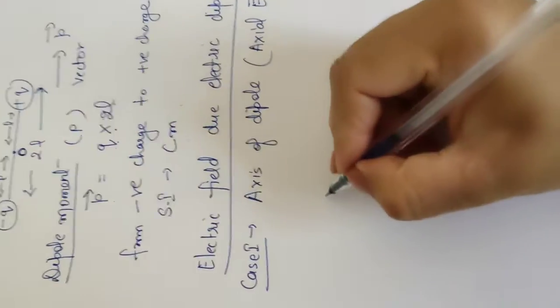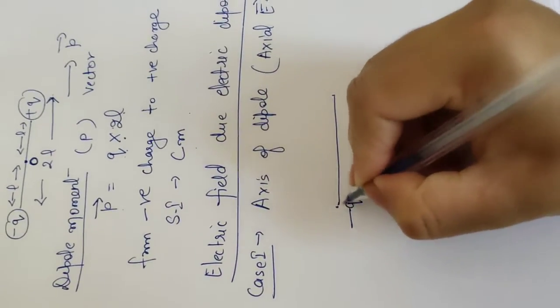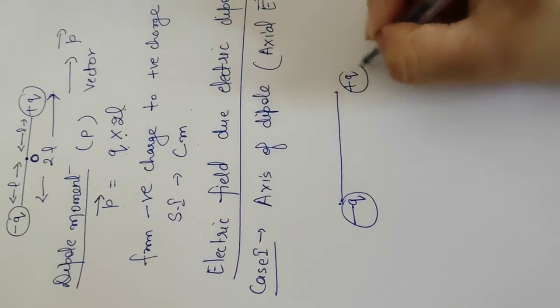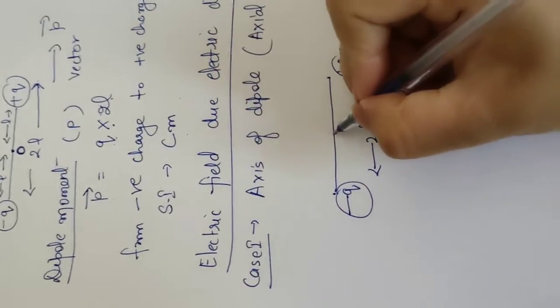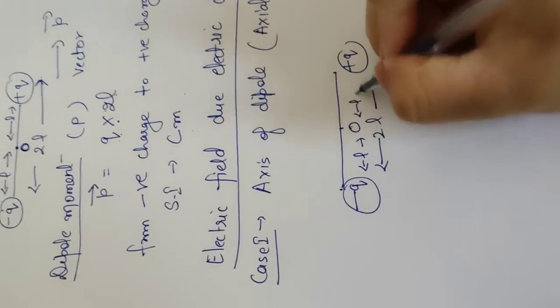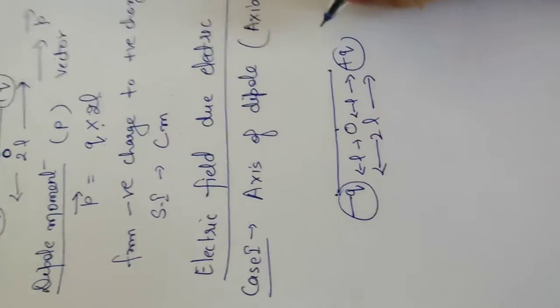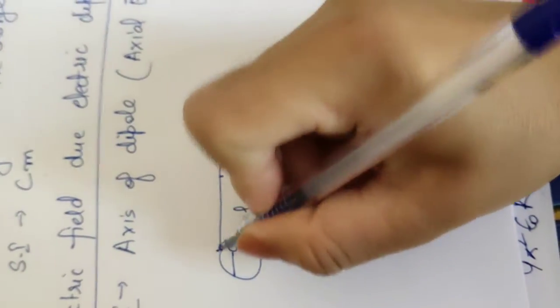Now, suppose we are taking this electric dipole with minus q and plus q charge, taking the distance between them as 2L. Say this O is our center, so the distance of each charge from it is L. Now axis means the line joining these two charges.